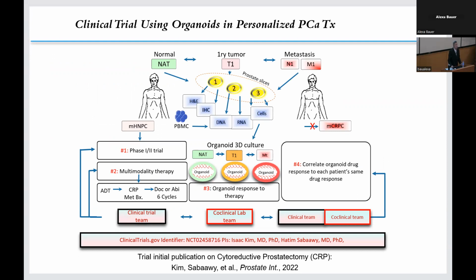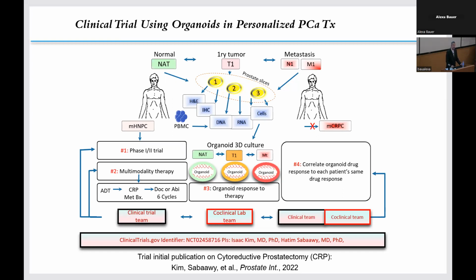This was done with my dear friend and colleague, Isaac Kim, who was the chair of urology at Rutgers and currently is chair of urology at Yale. Isaac and I developed a way to incorporate the PDO system into a prostate cancer clinical trial. The goal of the trial, this is a complicated slide, is that we basically take biopsies either from the prostatectomy or the metastatic sites.